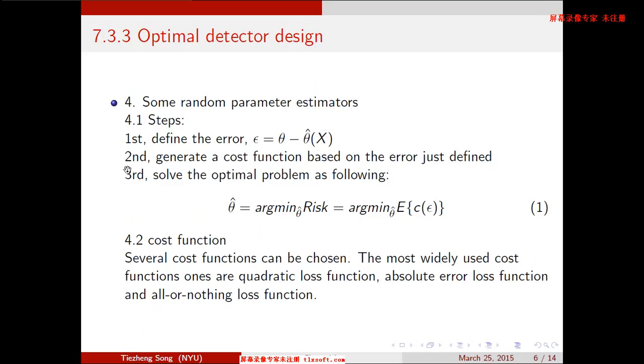And second, we need to choose the cost function, which is a function of the errors. So third, we need to solve the problems, which is to find the minimum of the risk function. It's usually defined as the expected value of the cost function.